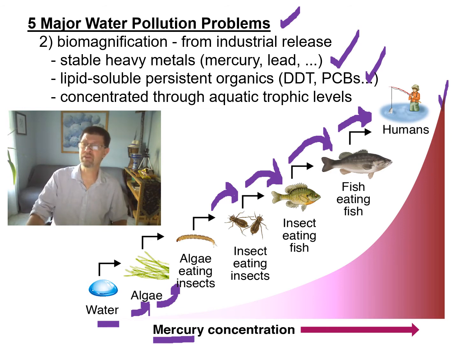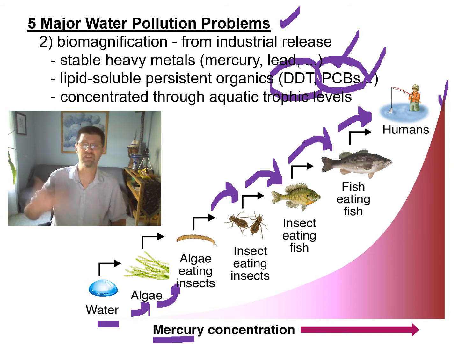So I got some indications of examples here. DDT is a chemical that was used in a pesticide in the past. PCBs, that's polychlorinated biphenyls, I think, was an industrial chemical that was used as a lubricant and as a conductor of electricity.